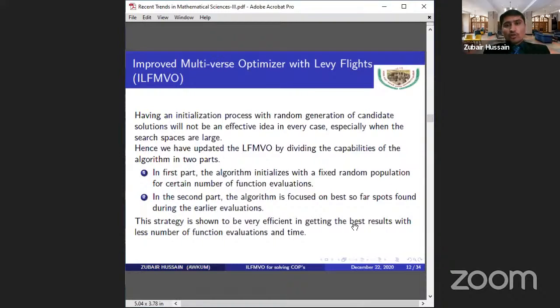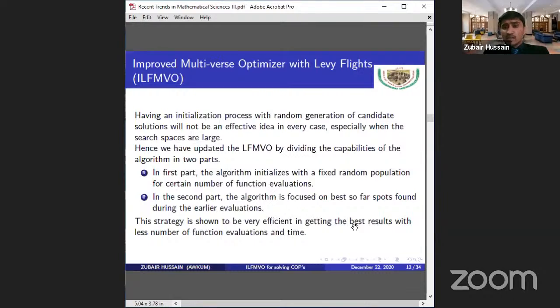In this slide, we are going to present our proposed strategy. Having an initialization process with a random generation of candidate solutions will not be an effective idea in every case, especially when the search space is very large. Hence, we have updated the LFMVO by dividing the capabilities of the algorithm into two phases.